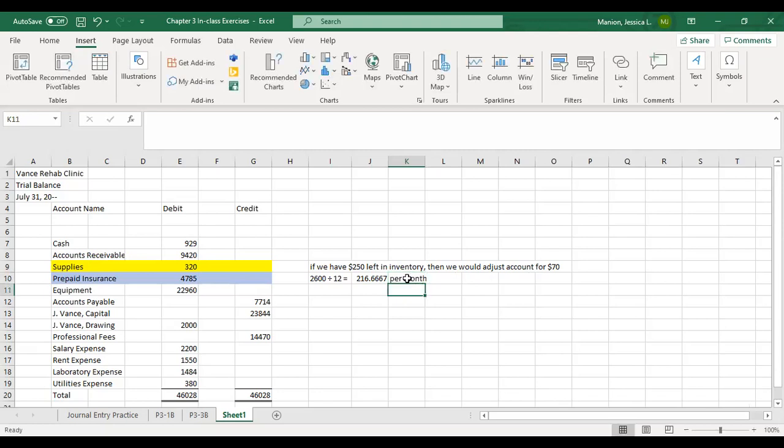We purchased this insurance policy at the beginning of July, and now we're at the end of July. We no longer have 12 months prepaid, because 1 month has passed. We only have 11 months prepaid. So we would need to adjust the account for the month that has passed.